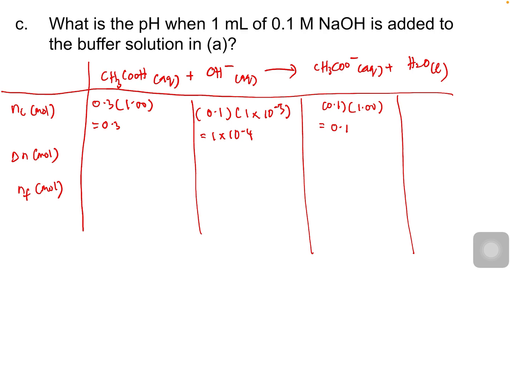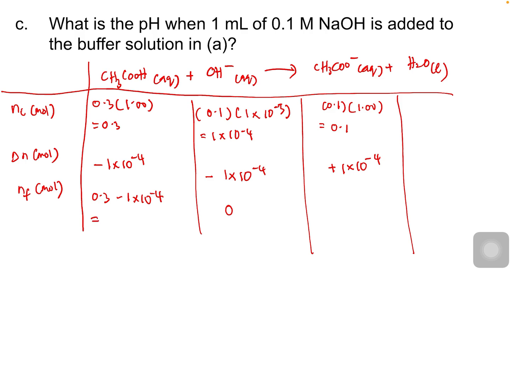Okay, so untuk delta N, because this one dia satu direction kan, so maksudnya dia forward direction. Forward direction kat sini akan dapat negative X, positive X. Tapi OH minus ni is a strong base, so dia punya final akan dapat 0. Kita tahulah terus dia punya X ialah this one. Okay, tolakkan macam biasa. 0.3 minus this one.